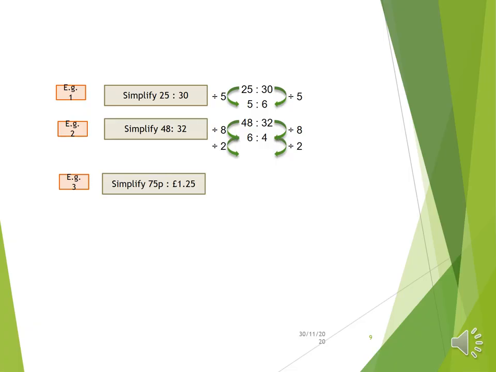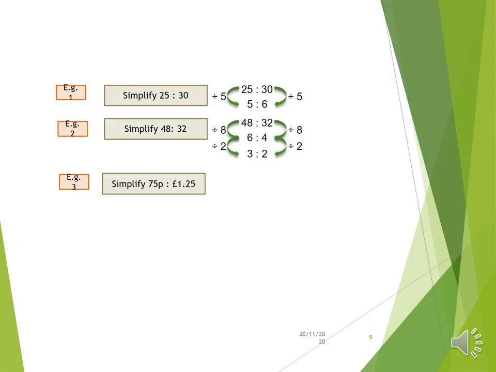Therefore, we continue simplifying it further. 6 divided by 2 is 3. 4 divided by 2 is 2. Now, let's ask ourselves, is there a number that will go both into 3 and 2 without any remainders? And the answer is no. So that is the simplest form. So going back, simplifying 48 to 32 in the simplest form is 3 to 2.